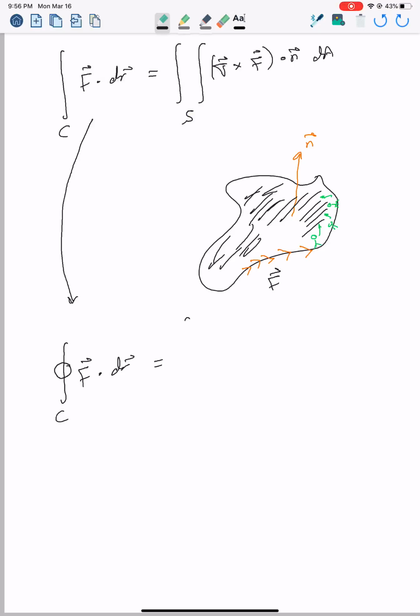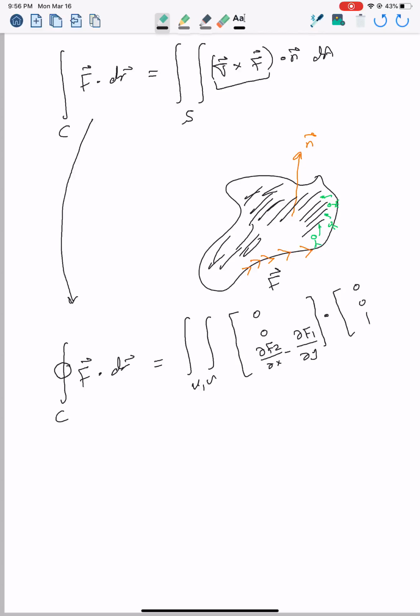So this integral is equal to what? It's equal to double integral over u and v of what? You compute the curl, but we computed the curl. What was the curl? It is 0, 0, df2 by dx. This is in the previous slide, df1 by dy. Dot n, what was n? 0, 0, 1, du dv.